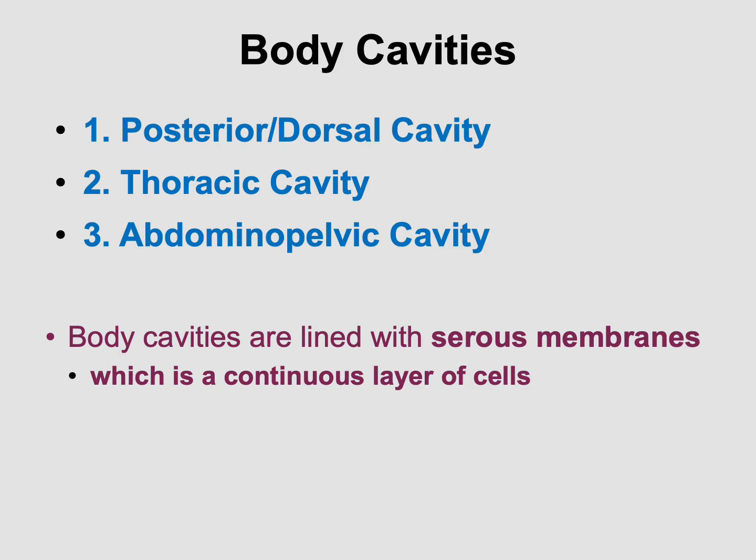So body cavities are, once again, posterior or dorsal cavity, thoracic cavity, and abdominopelvic cavity. Those cavities are lined with serous membranes, and those membranes are extremely important because they keep those organs inside those cavities from rubbing against the wall of those cavities.